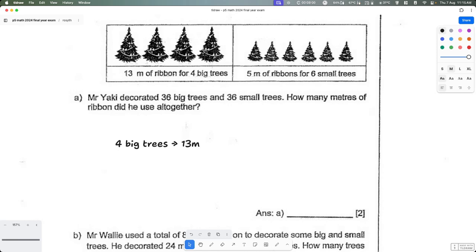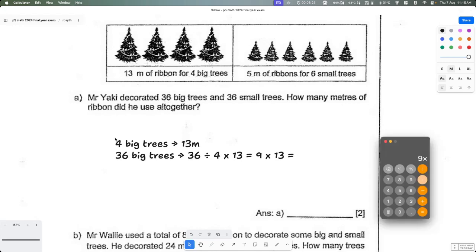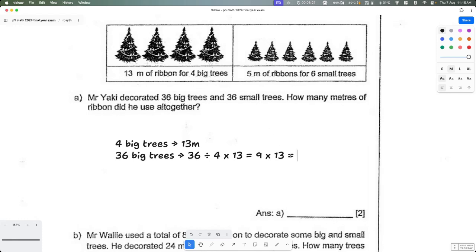So it is 36 divided by 4, and then times 13, which is 9 times 13. Let's double check: 9 times 13 becomes 117.